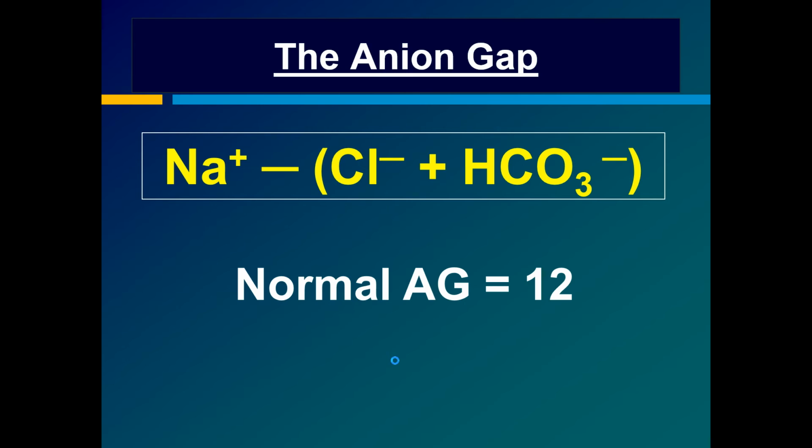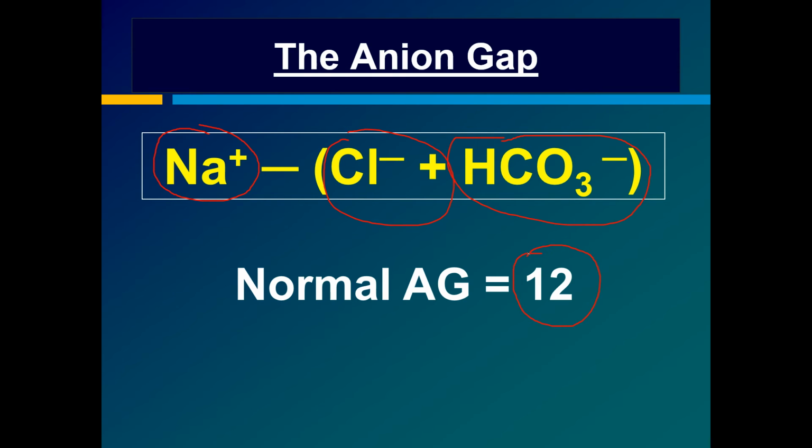In determining the anion gap, the three important values are serum sodium, serum chloride, and serum bicarbonate. What we do is we add the chloride and the bicarbonate together, and we subtract that from the serum sodium. And that value is normally accepted to be approximately 12.